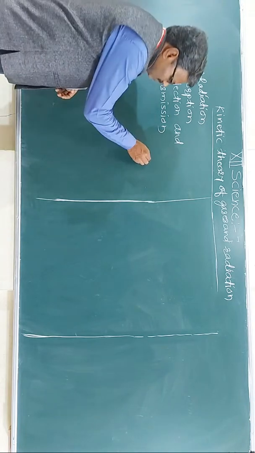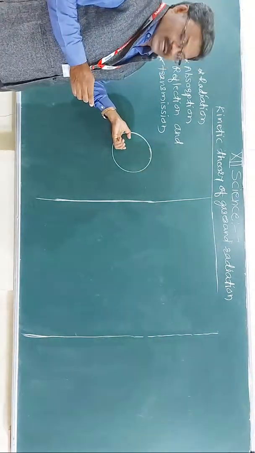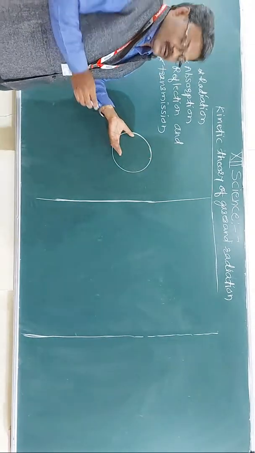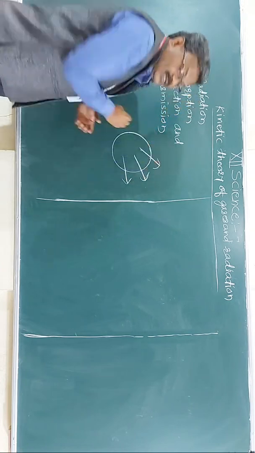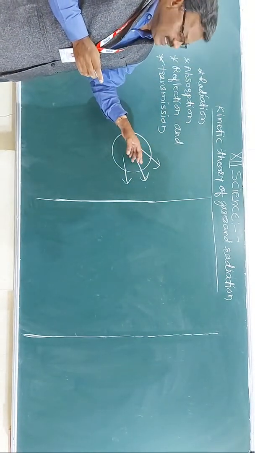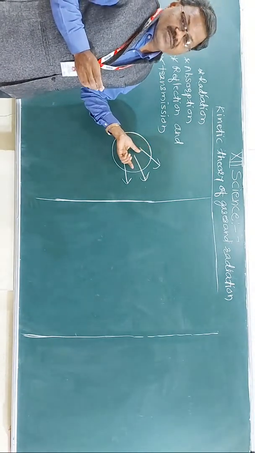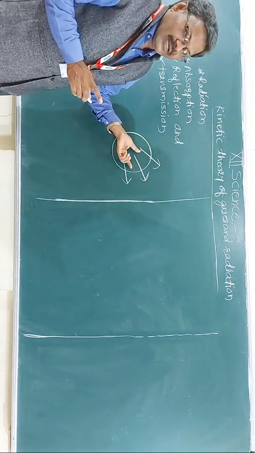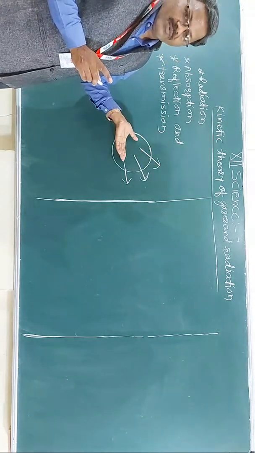Suppose this is the body. When it absorbs the heat, this body also emits the heat. And this heat or this energy is known as thermal radiation, or this energy is emitted in the form of thermal energy.